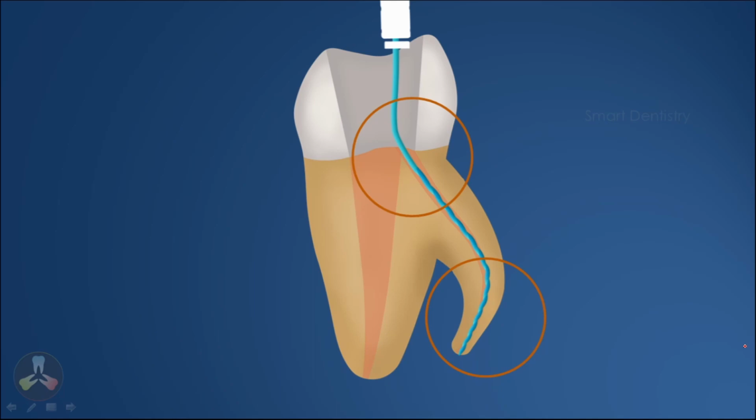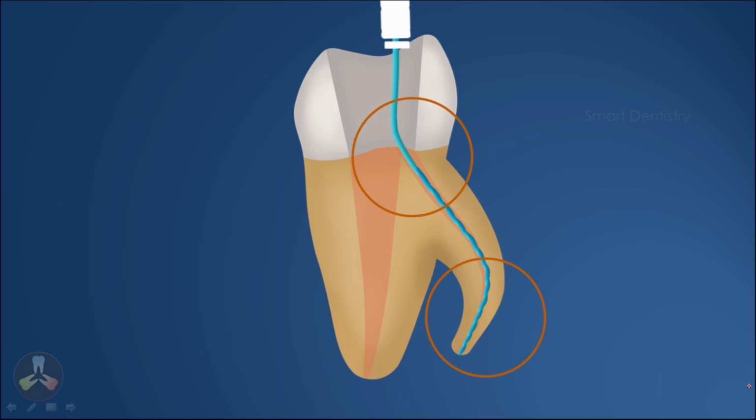So preferably do not enlarge the radix root so much, and if you could use a hand file for the entire preparation, that is well and good. If you are using a rotary file, use a flexible file and do not force any stiff files inside the radix root.